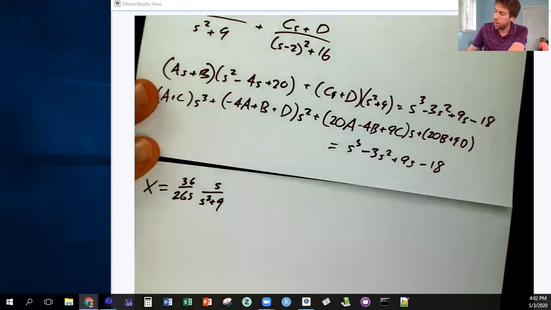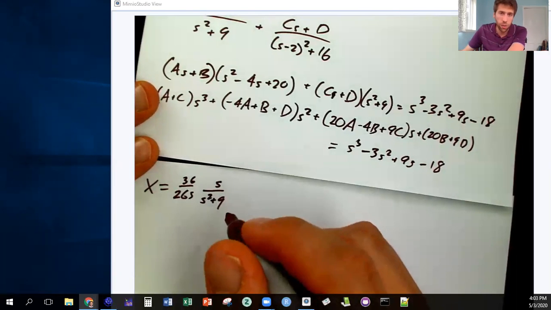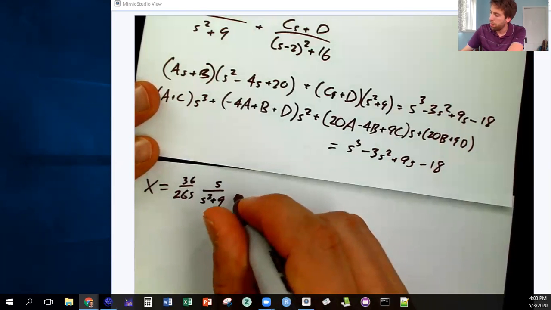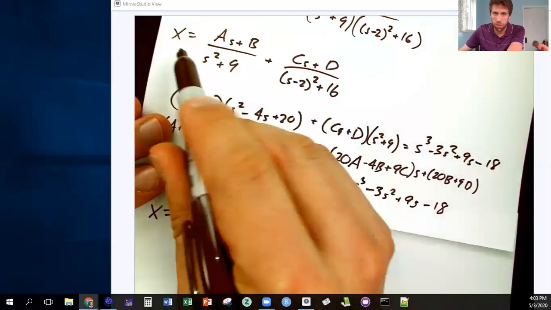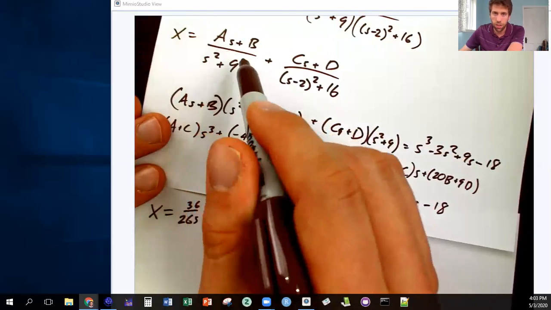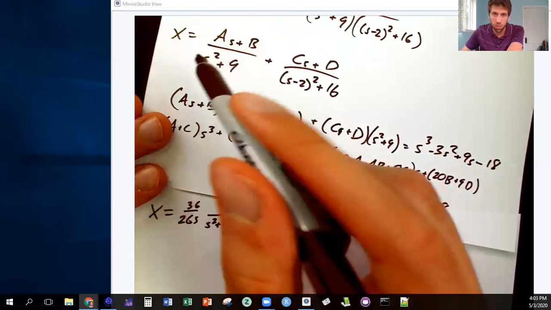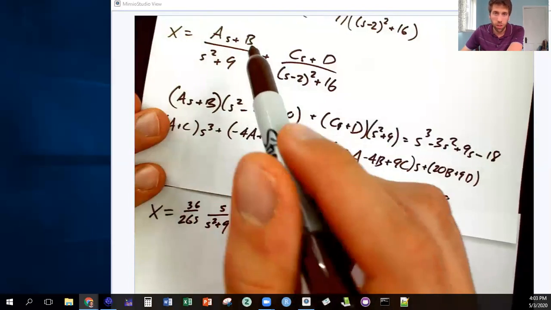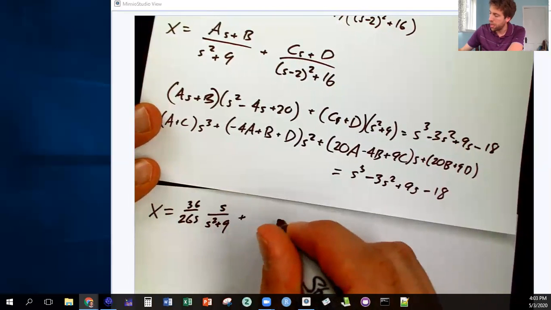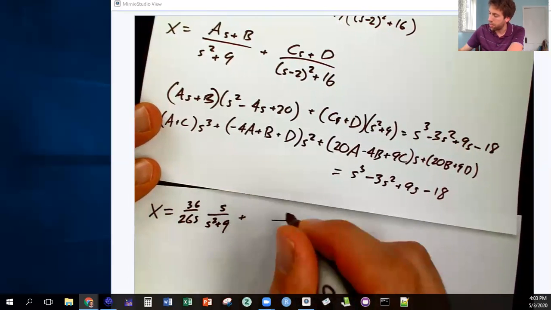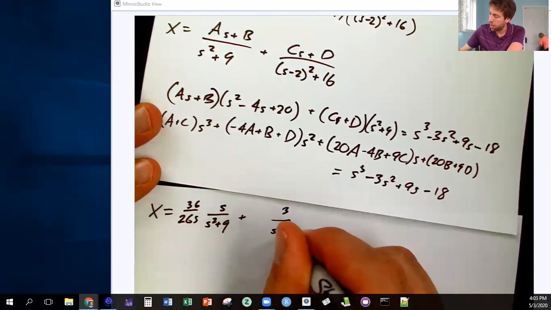Okay, and then the next term is 99 over 265. So x is the a s over that, and then the b. The reason I'm splitting them up is because one of them is kind of a cosine, one of them is a sine. Here, I'm going to have the fraction b times, instead of s, the square root of 9, which is 3, over s squared plus 9.